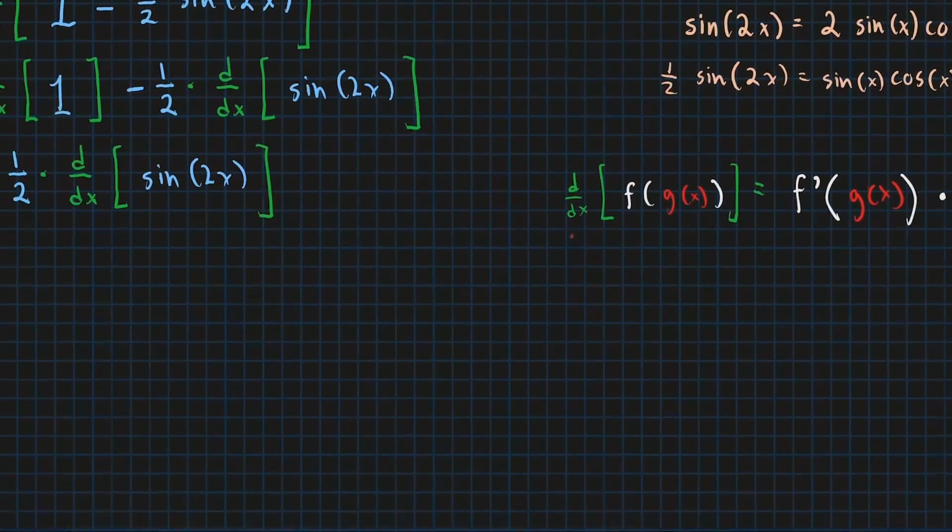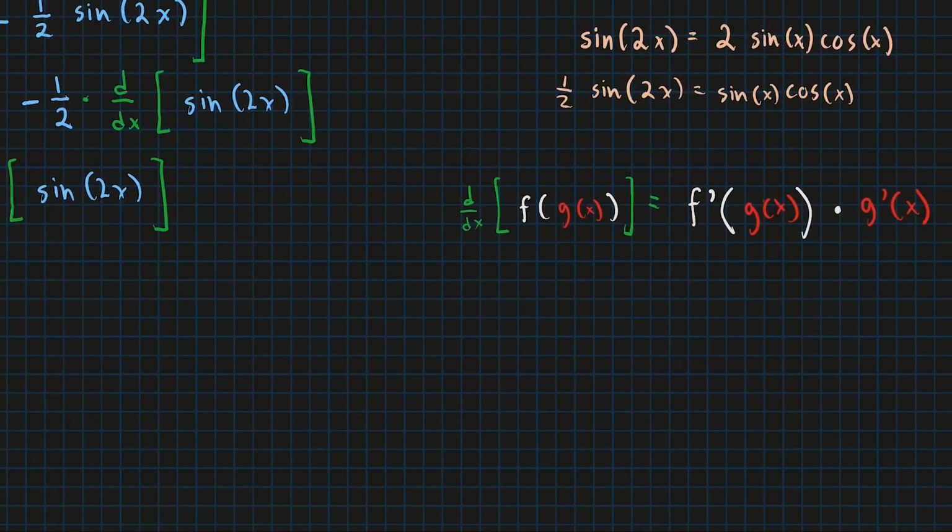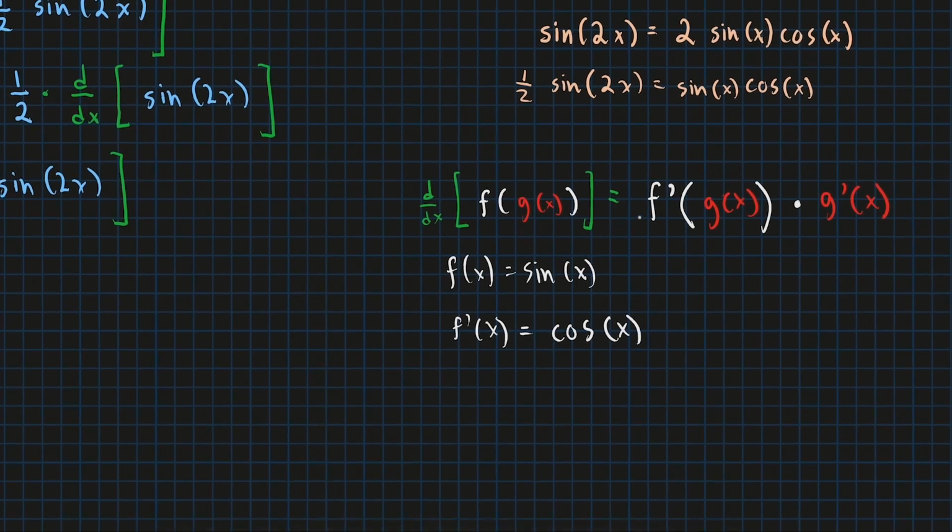So let's use that. So what's our outer function here? Our outer function is f of x, right? So f of x is equal to sine of x. And what is f prime of x? Well, the derivative of sine of x is just cosine of x. So what is f prime of g of x?